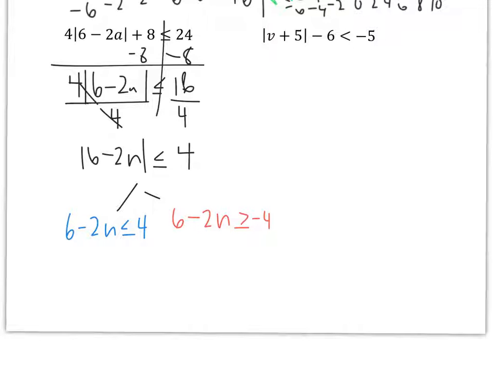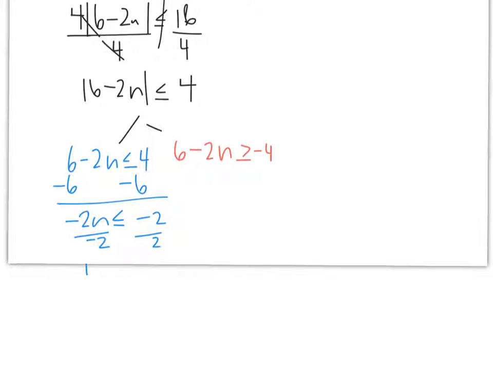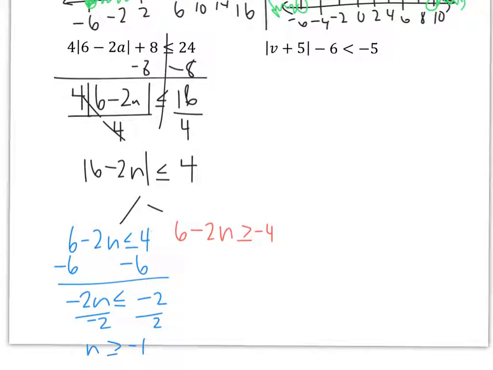And I'll go ahead and solve these inequalities. And I'll subtract 6 first. And get negative 2n is less than or equal to negative 2. Divide by a negative 2. And then I will have to flip the inequality because I divided by a negative, and get n is, or this should be an a. I don't know how I put n. Let's change that back to an a.